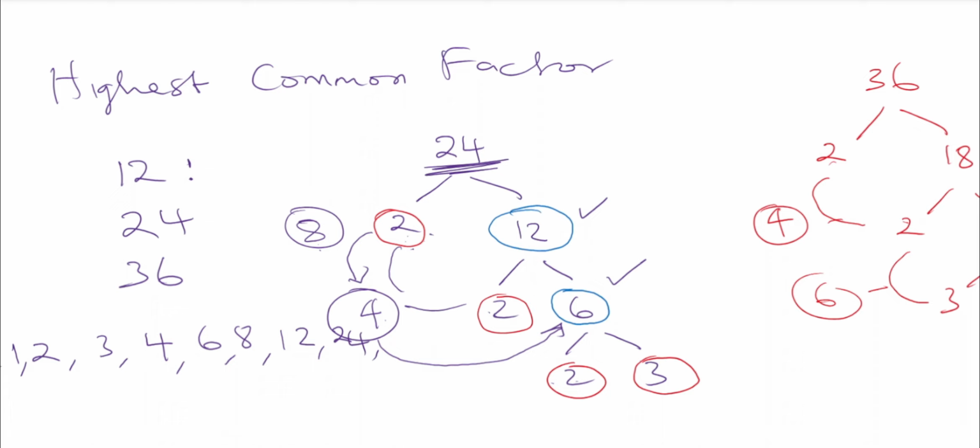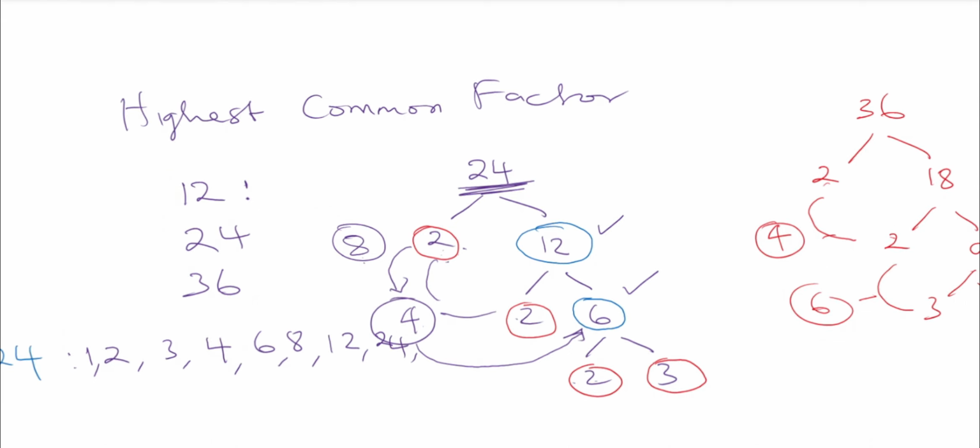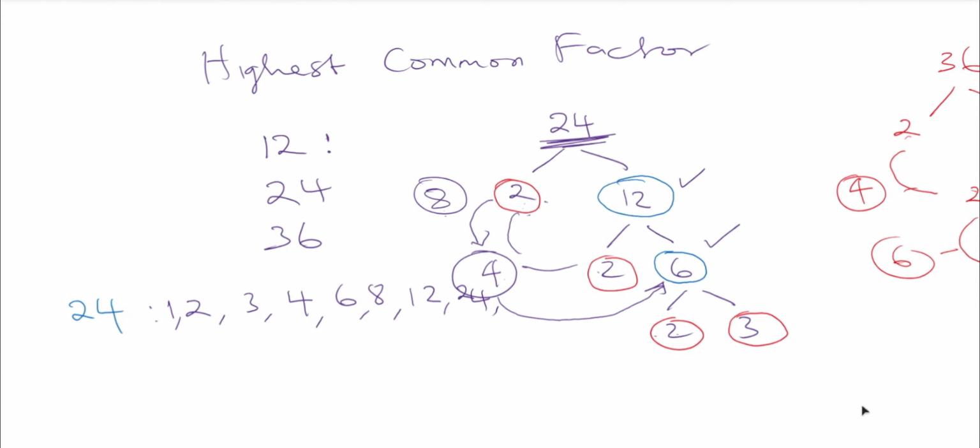So I'm just making sure we've exhausted all possible numbers. So now the factors of 36, we can list them as 1, of course. We got 2 there. We got 3 there. We got 4. We got 6.